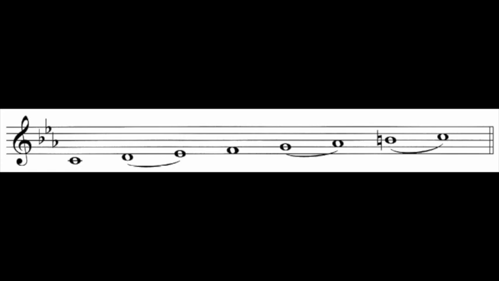The scale of C harmonic minor has a key signature of 3 flats, B flat, E flat, and A flat. The natural on the 7th degree of the scale raises the B flat 1 semitone to B natural. At this time, please complete pages 44 and 45.